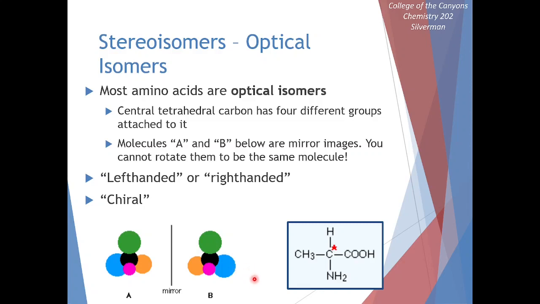We'll have a chance in our lab to play around with some modeling kits, build some of these molecules, and look at this ourselves. But that is our idea for optical isomers: molecules that have the same chemical formula, the same connectivity, but when you take the mirror image of one, it is different from the other mirror image.